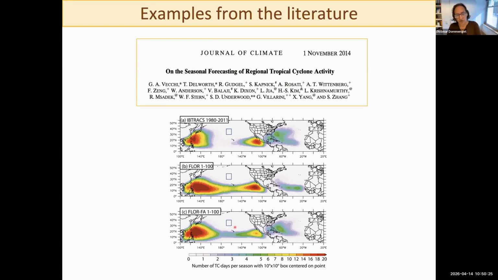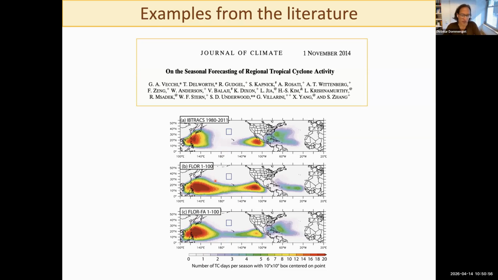Then they do flux corrections of the SST, just as I described. And you can see that the distribution of the number of tropical cyclone days is more realistic than in the uncorrected model, because the sea surface temperatures are more realistic and the sea surface temperature biases have disappeared. That makes the distribution of tropical cyclones more realistic. So they conclude in this study from 2014 that this is helpful and makes the model improve.